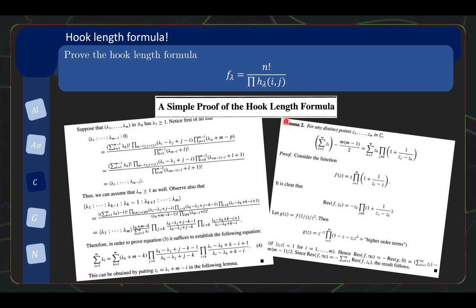For example, this paper that says a simple proof of the hook length formula involves some crazy algebra like this and looking at things like residues from complex analysis. And mind you, this is just part of the paper. It is not the entire proof. So our combinatorics and probability proof is also going to be somewhat complicated, but I hope it is going to be very interesting, and at least we won't have to deal with crazy algebra like this.